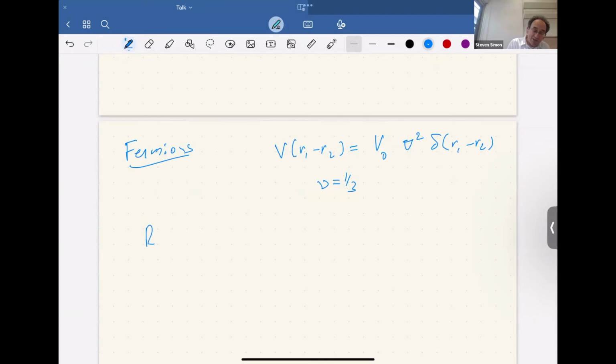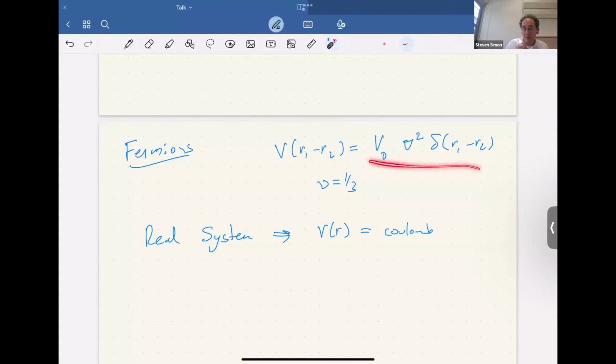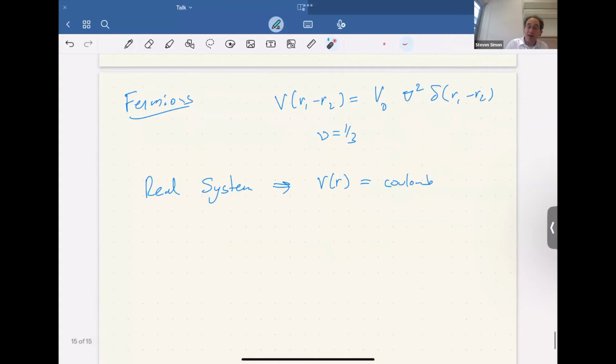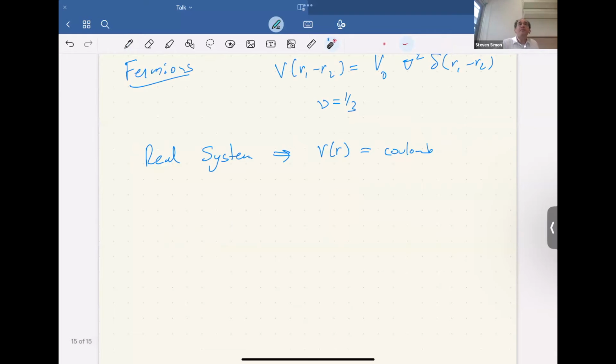Now, for the real physical system, we typically take V of R as Coulomb. And that looks somewhat different from this special interaction for which Laughlin is exact. In order to say anything about the Laughlin wave function for a Coulomb interaction, you have to turn to numerics.